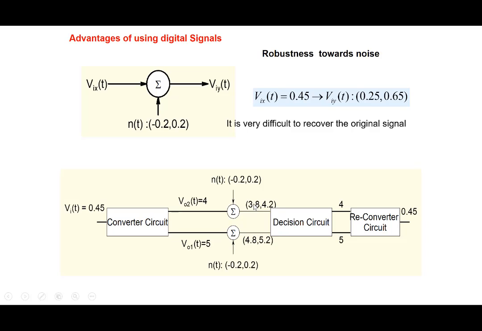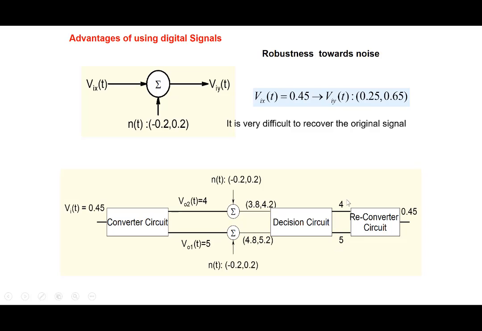So it decides which particular digit the number that you get here is closest to. For example, 3.8 or 4.2 is closest to 4, so the decision circuit will give a voltage output of 4. Similarly, for this input, the decision circuit will decide which digit it is closest to. 4.8 and 5.2, both of them are closest to 5, so it will give an output 5 here, 4 and 5. So even though we added noise, minus 0.2 to plus 0.2, we get 4 and 5.